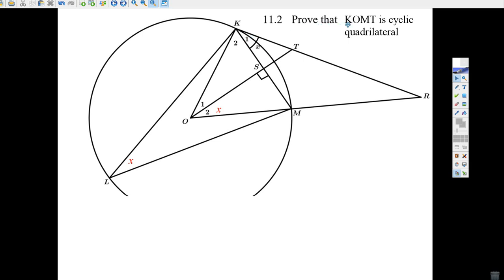So we could say that KOMT is a cyclic quadrilateral, and the reason is the converse of angles in the same segment. If you have a cyclic quad, angles in the same segment are equal. But if you have equal angles that open up to the same line, then you can say by the converse of angles in the same segment that it must be a cyclic quad.